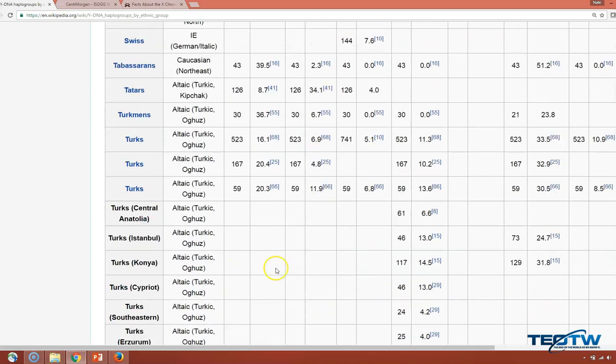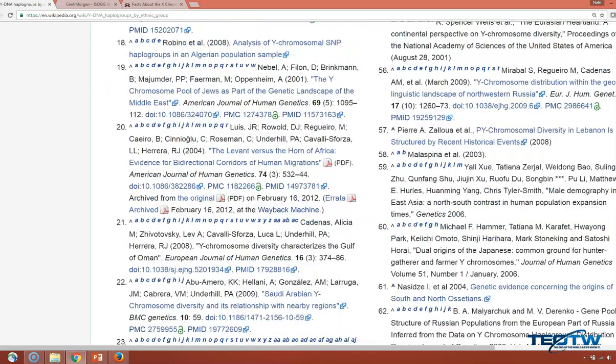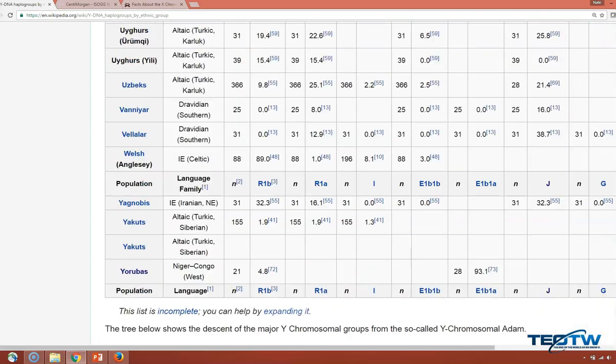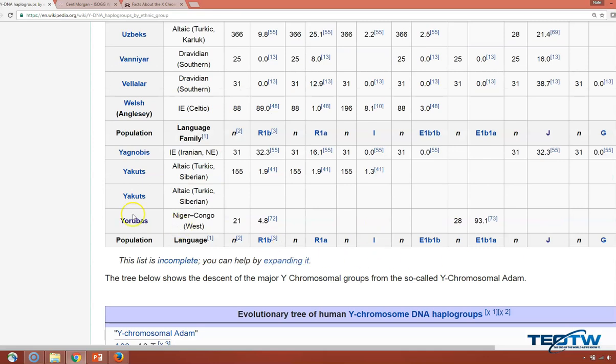Okay, but let me go down here. So look, here's the Yoruba. Okay, Niger Congo area, 21 sample size, 4.8% are R1b, right? 93.1% are E1B1A.